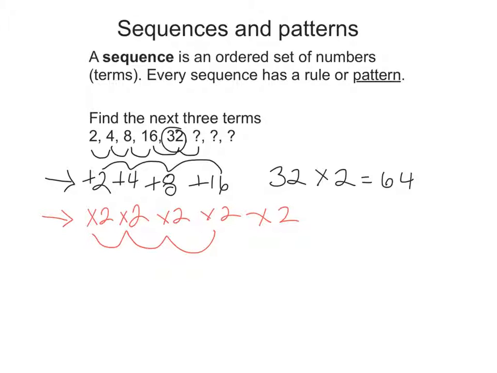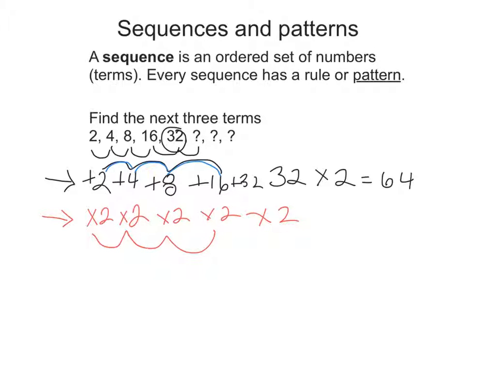Let's go back and see if we can use our addition pattern to also come up with the next term. I know that 2 times 2 is 4, 4 times 2 is 8, 8 times 2 is 16. To continue this pattern, I would need to multiply 16 times 2, which would give me 32, and add that to my addition pattern.